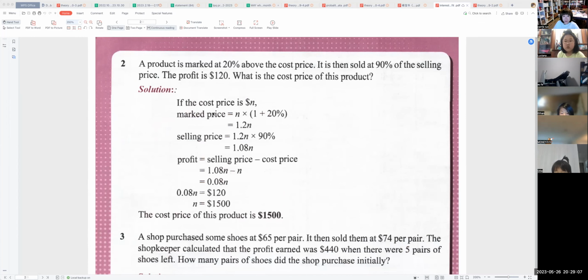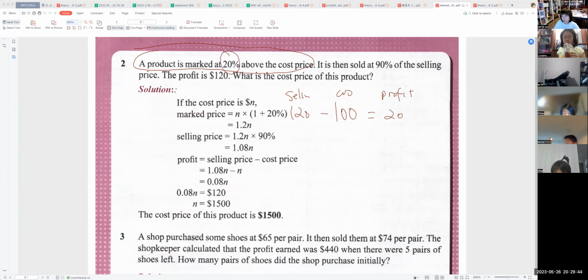A product is marked at 20% above the cost of price. 这句话什么意思？他说 a product is marked at 20% above the cost of price. 那如果 cost 是100，那它就是卖多少？120，对不对？所以呢，等于什么？20. So selling price, cost, and profit.